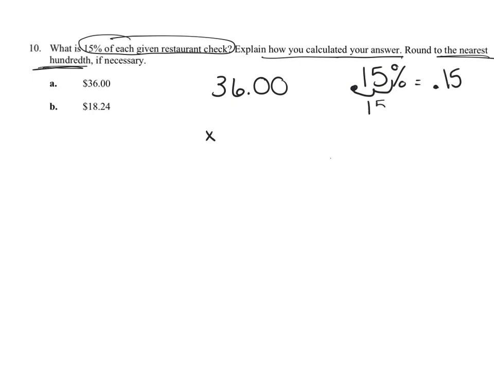Or think of it, 15% is 15 out of 100. So you have 15 hundredths, and we're just going to drop the zeros. 5 times 6 is 30, carry the 3. 5 times 3 is 15 with the 3, which makes 18.